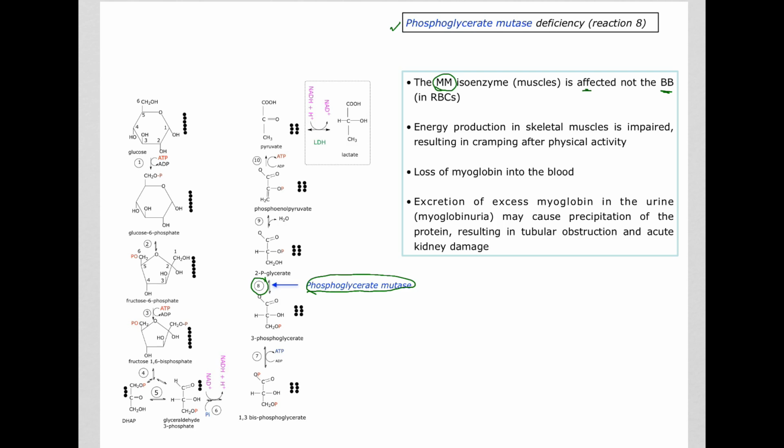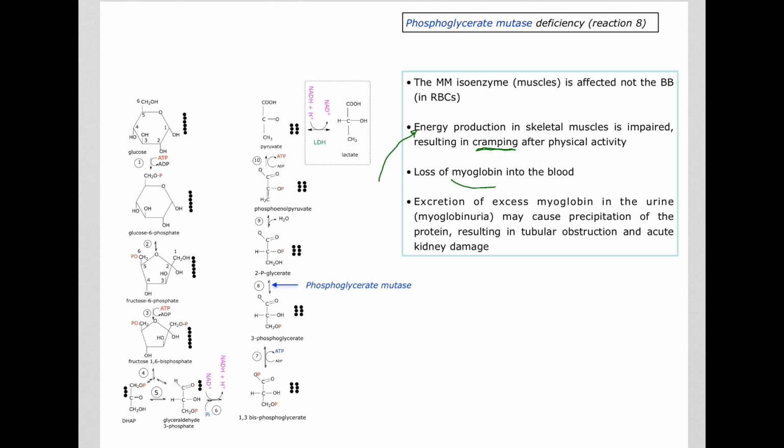So this disease will only affect muscles and not red blood cells. Without enough energy production in the muscle cells, we can have muscle weakness, pain, as well as cramping, and that can all lead to the breakdown of muscle cells.